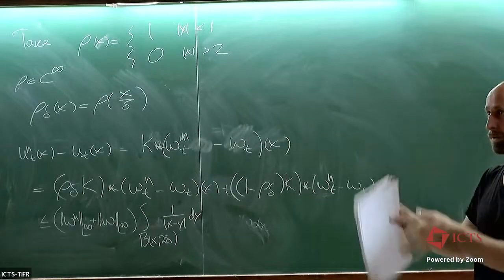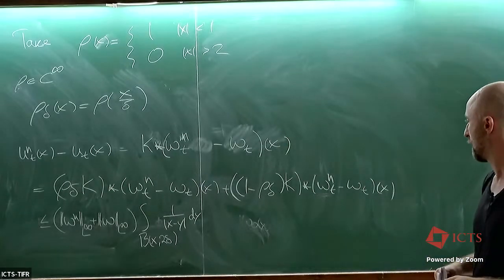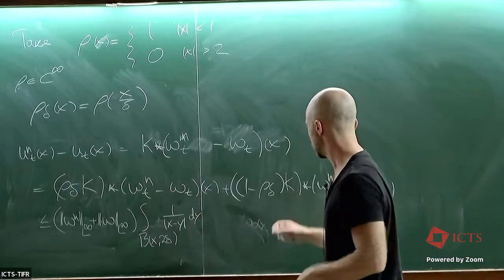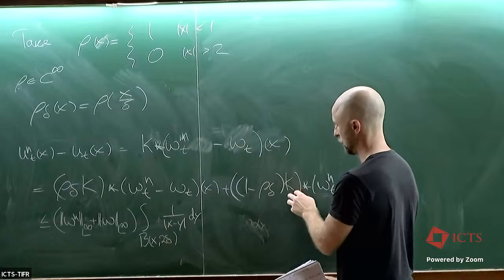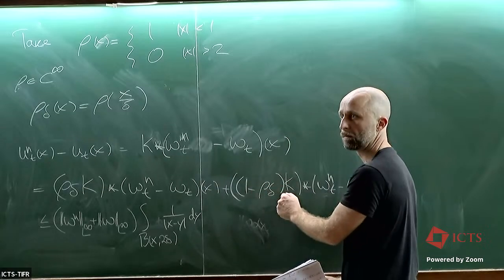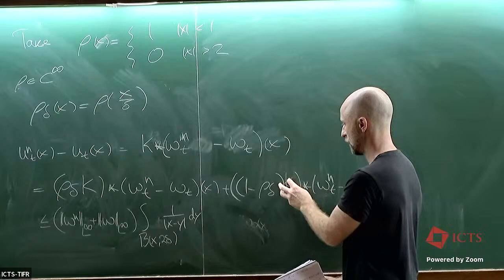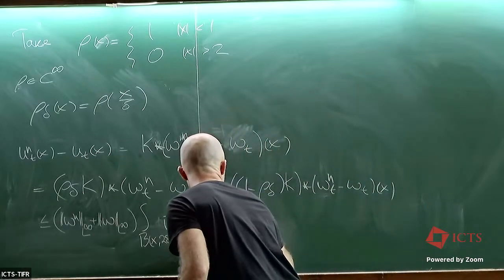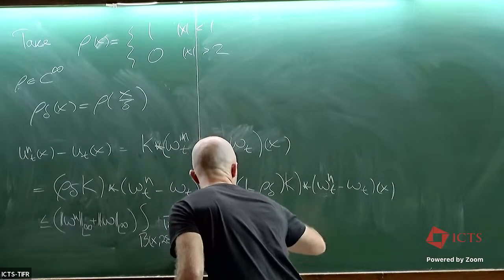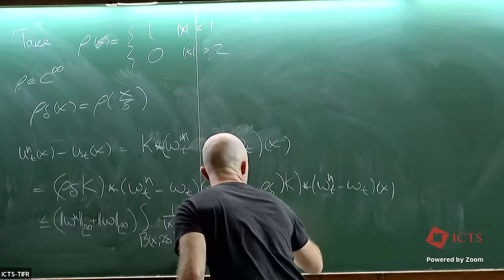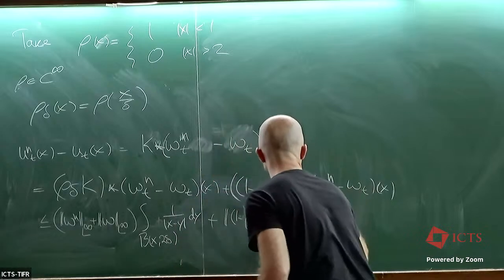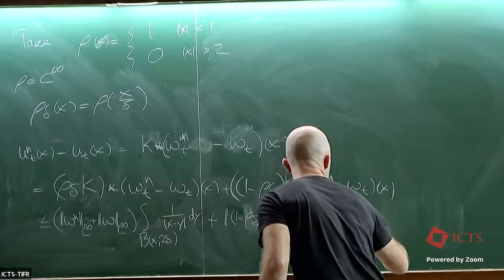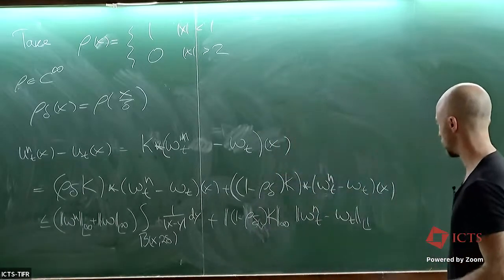Just taking the supremum of the kernel. And for this term, this part is bounded. All the bad things with k happen at 0. So we can take this away with 1 minus rho delta in supremum norm, and here we put the L1 norm of omega n minus omega.